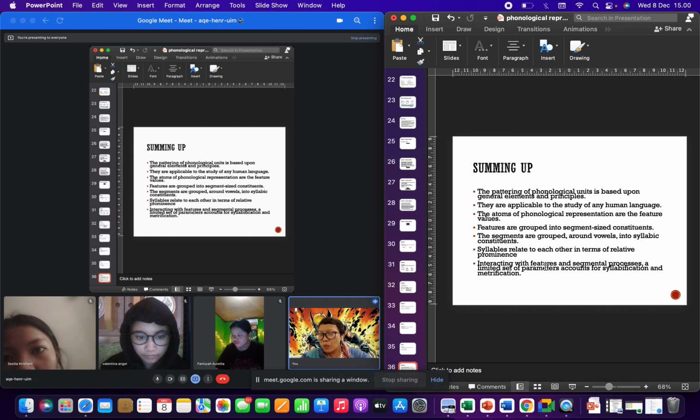So you know if the sound is voiced, where the tongue is, whether it is lax or tense, or whether the lips are rounded or not. Well, I think that's all for our phonological representations.